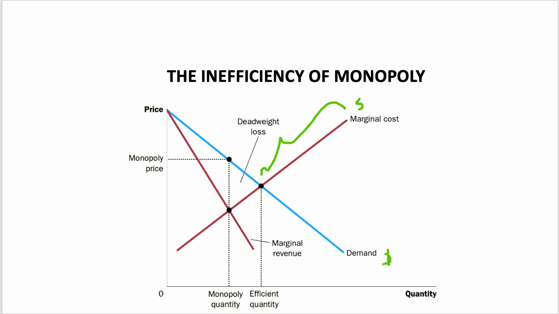In perfect competition, we saw where the demand curve and supply curve intersect, this point is known as the equilibrium price, and this will be the equilibrium quantity in perfect competition, right?